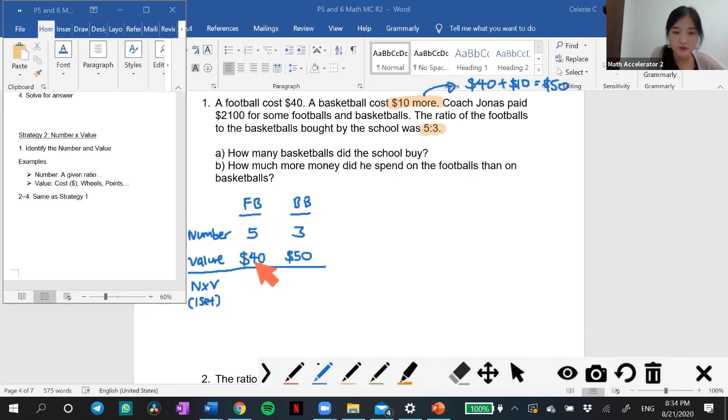So 5 times $40 and 3 times $50. Okay, 200 for the football. How about the basketball, if you calculated? 150.